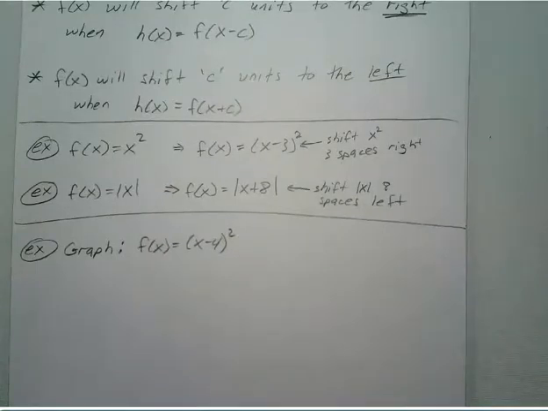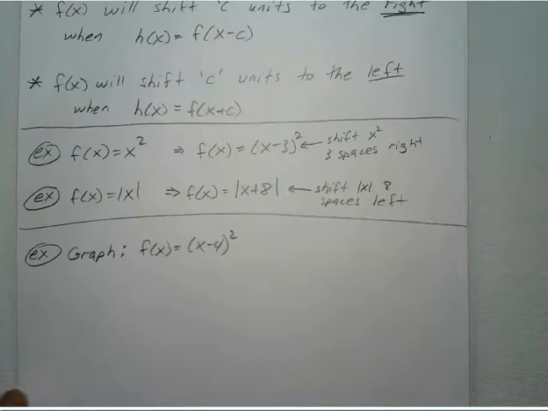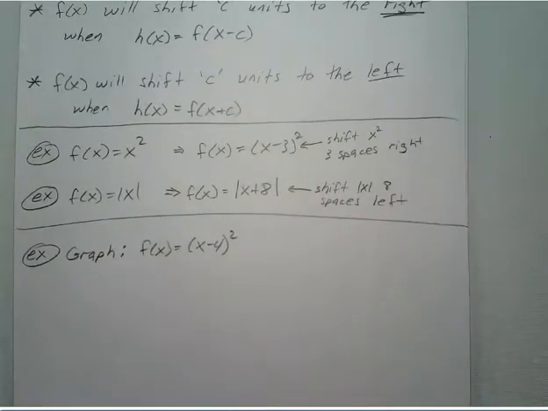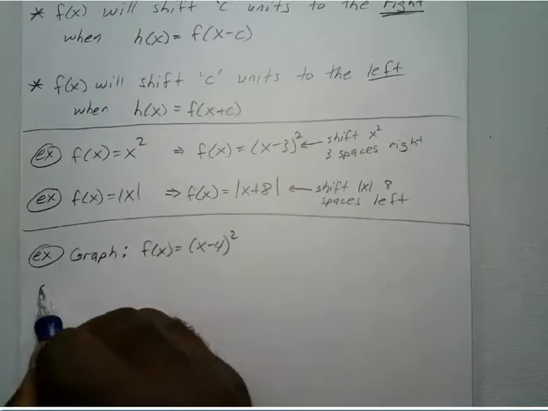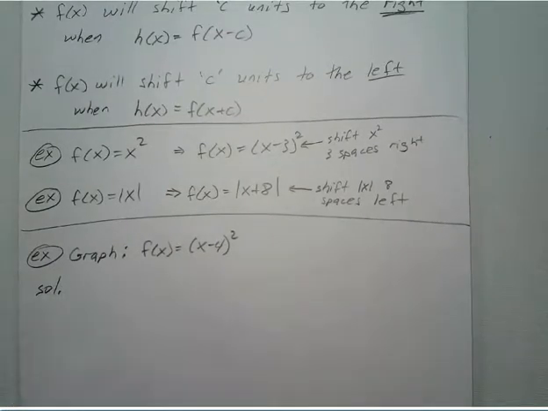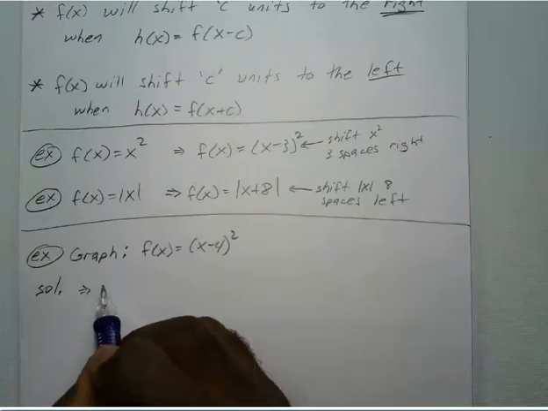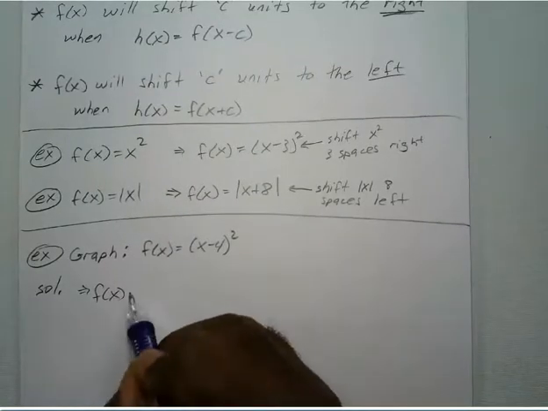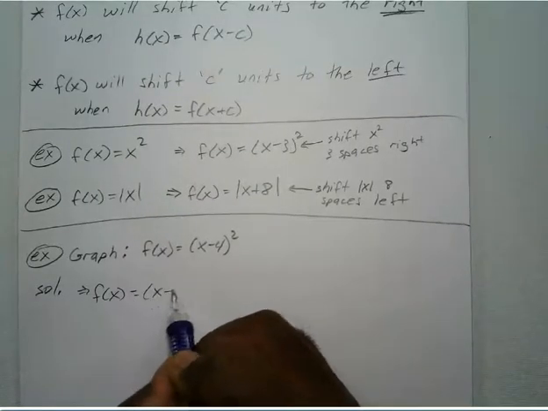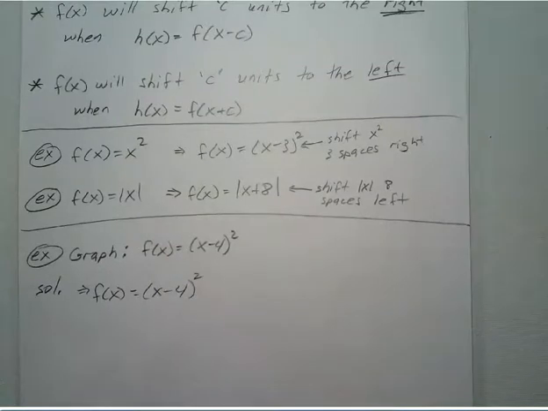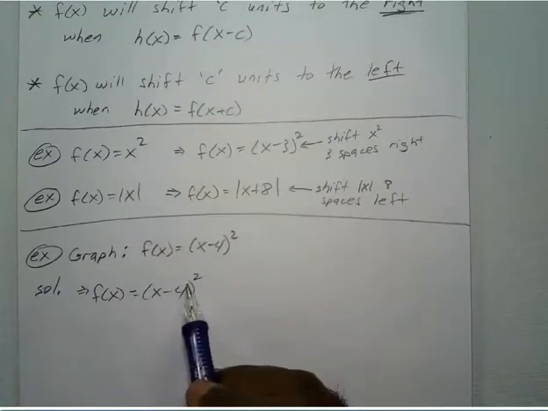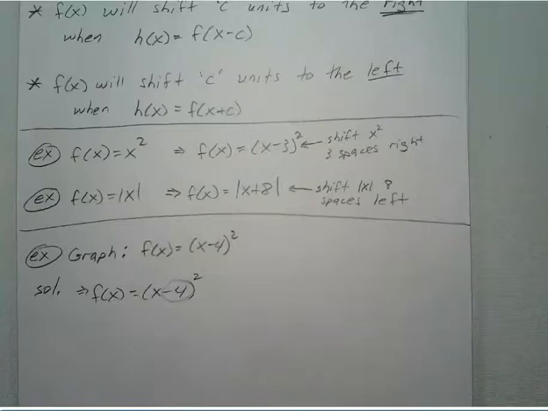Alright, so just like before, when we're graphing, nothing else changes as far as the steps we use to graph. If we start off with our f of x equals x minus 4 squared, remove all constants, but we leave our exponent, so that exponent doesn't get touched.